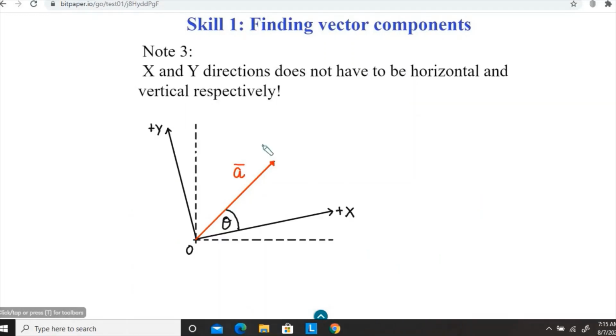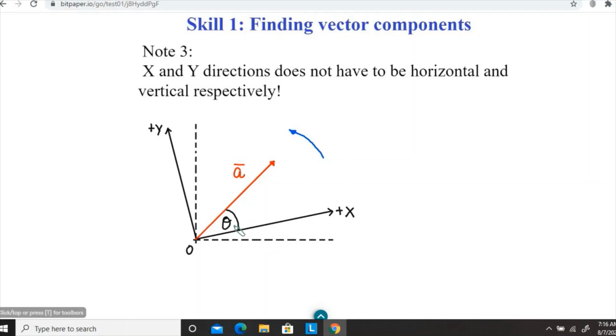Another important thing is that the x and y axes do not need to be horizontal and vertical all the time. For example, here you can see an x axis and a y axis that has been slightly rotated in a counterclockwise sense. So the dashed lines show you our usual x-axis and y-axis, but the new x and y-axis has been rotated counterclockwise with respect to that.